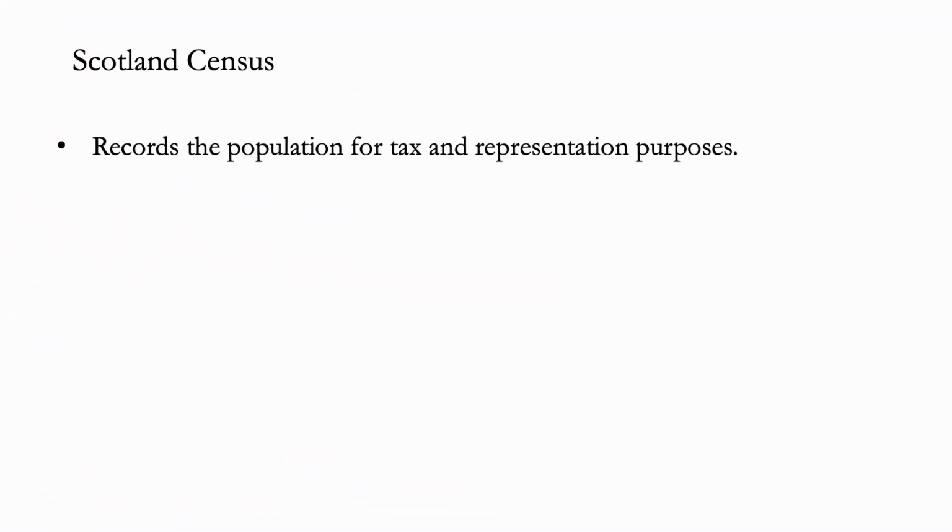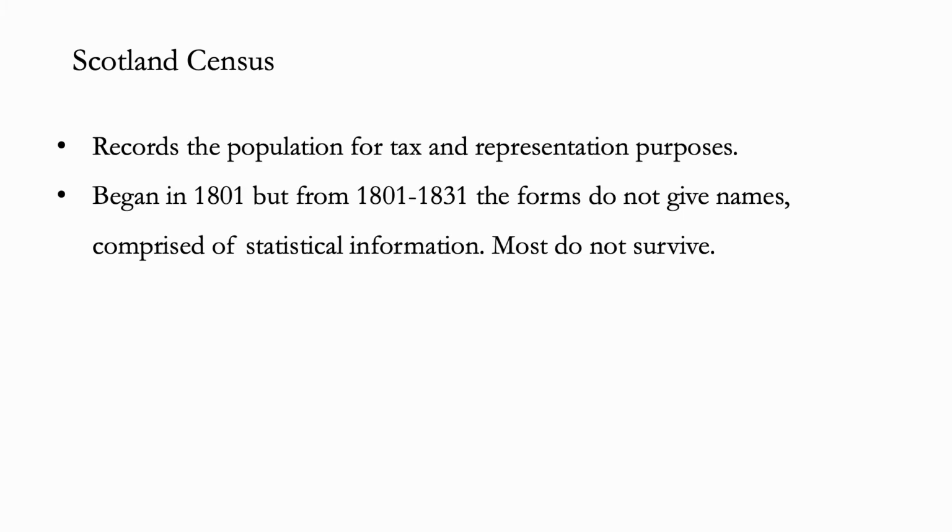The Scotland Census contains records for tax and representation purposes. The census began in 1801, but from 1801 to 1831, the forms do not give names but are comprised of statistical information, and most do not survive.